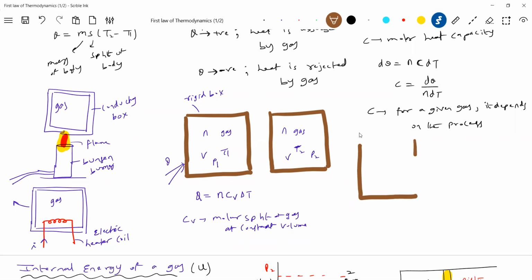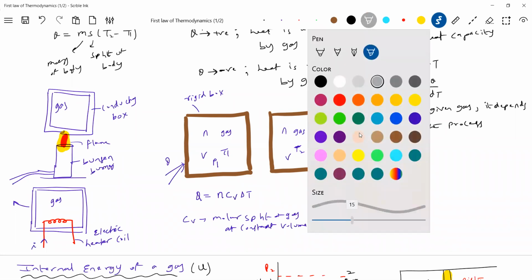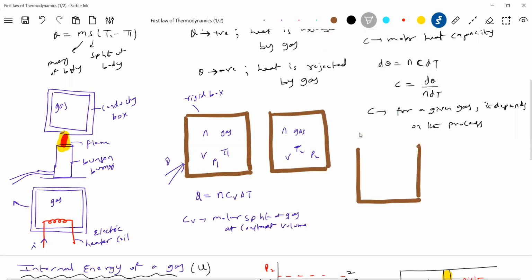Similarly, I can supply heat to a gas in such a way that it absorbs heat at constant pressure. Sir, is it possible? Yes, it is possible. So how do we make the gas absorb heat at constant pressure? How to design that? I'm giving an example for everything.